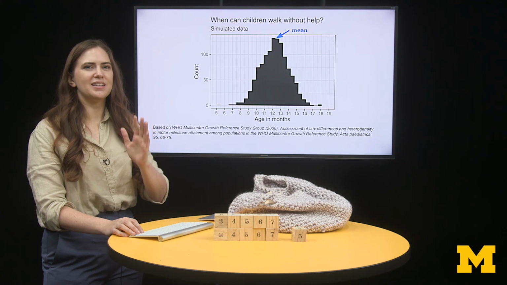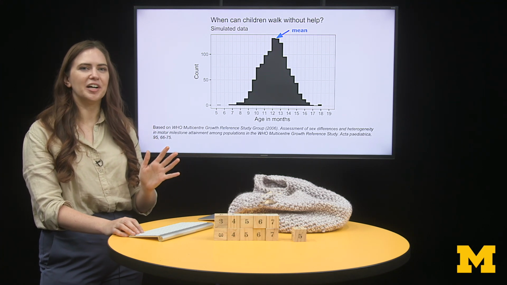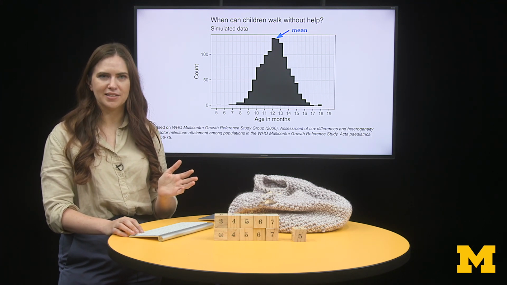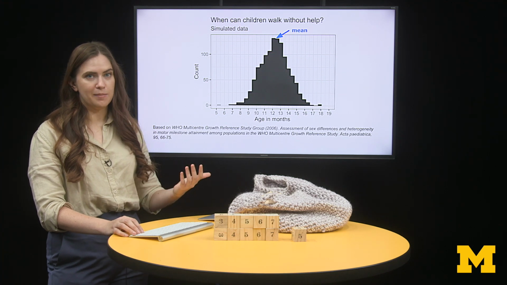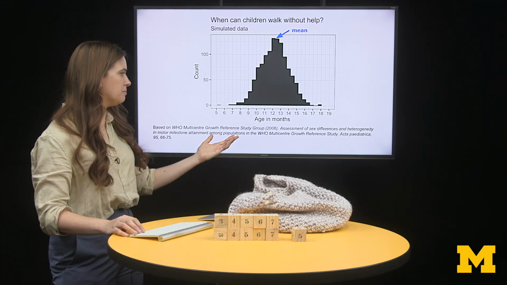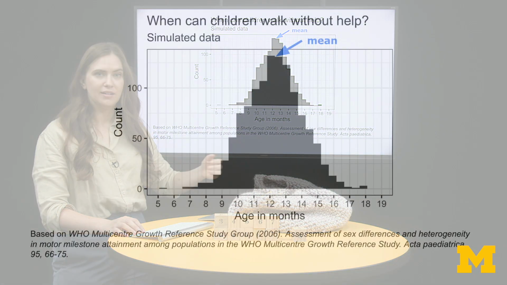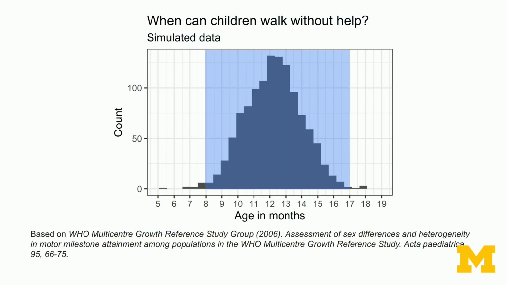It just doesn't make sense to be attached to that average of 12.17 months because, in fact, a lot of babies start walking at 11 months or 14 months. Look at how much of the meat of the distribution is actually between a pretty big range of months. It's quite common for children to walk before or after 12 months.